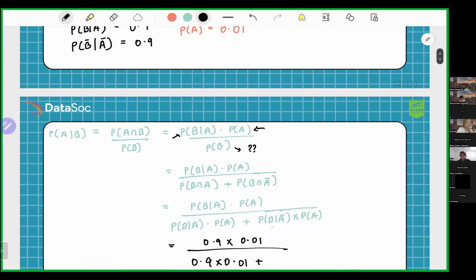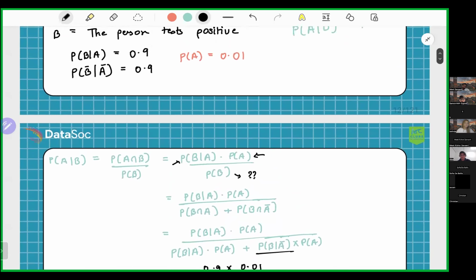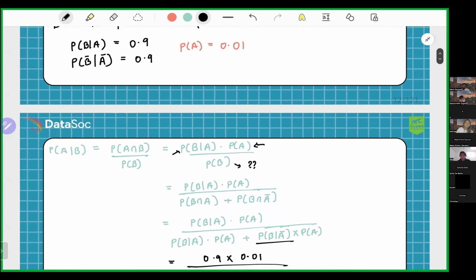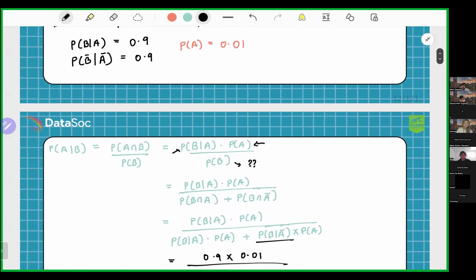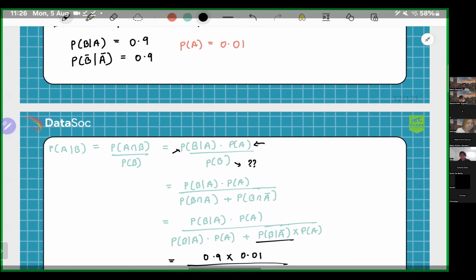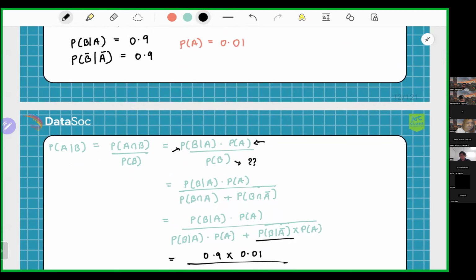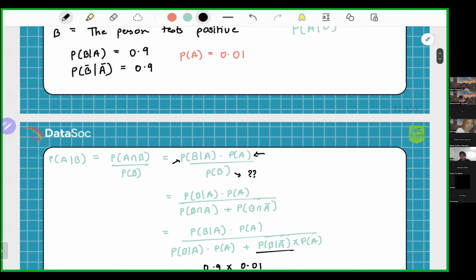So yes, we don't know this information. We know this. So we don't know the probability of B given A complement, but instead we know the probability of B complement given A complement. So how do we figure out this?